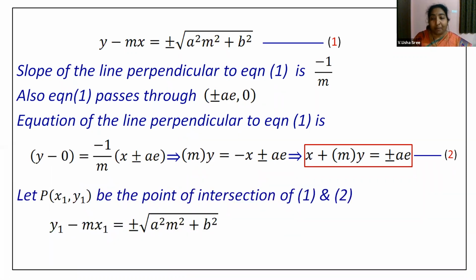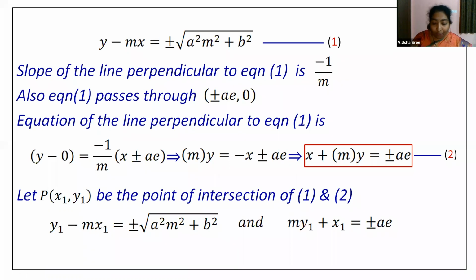Then x1 comma y1 should satisfy both the equations. That's the reason why we have y1 minus mx1 is equal to plus or minus root of a square m square plus b square. Not only that, you will have my1 plus x1 is equal to plus or minus ae.